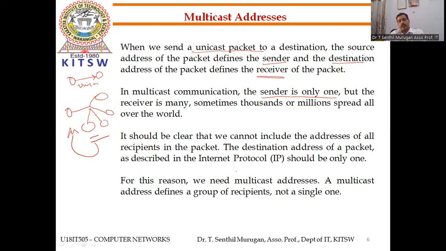That is very difficult. Simply we are informing the internet protocol that this is a multicasting protocol. So how can we represent that? There are some addresses for it. A multicast address represents a group of recipients, not a single one. The address itself shows that it will be sent to many people.